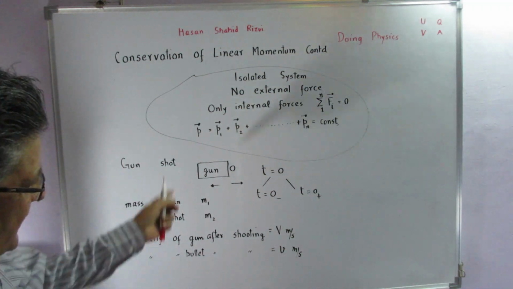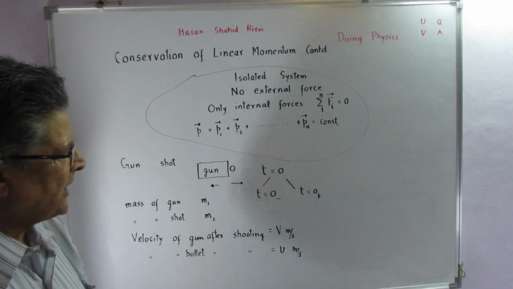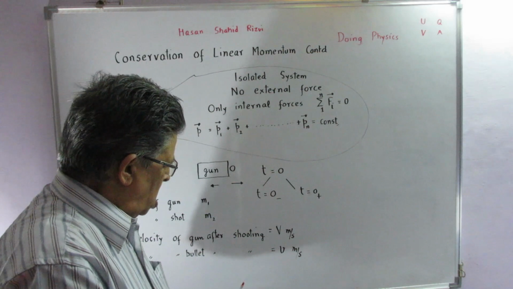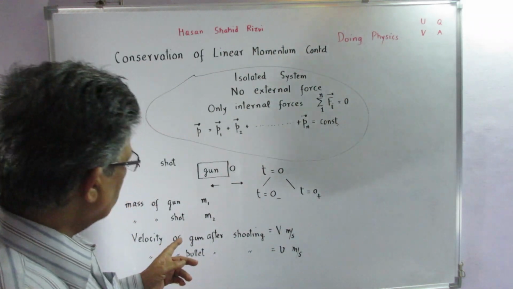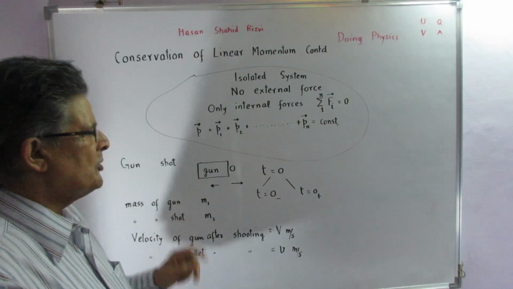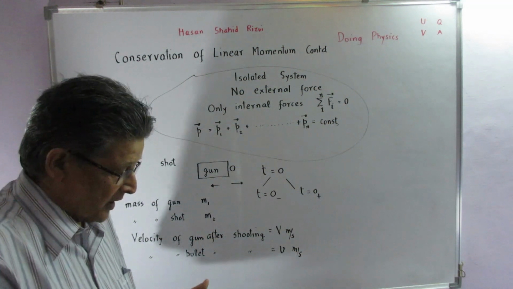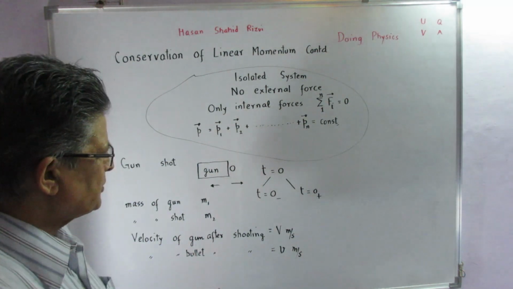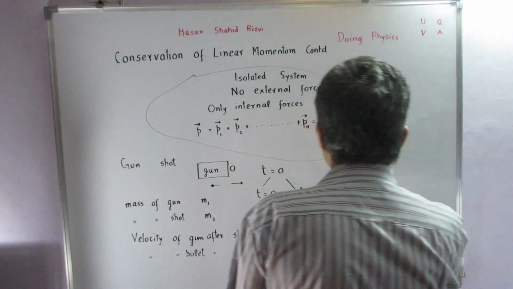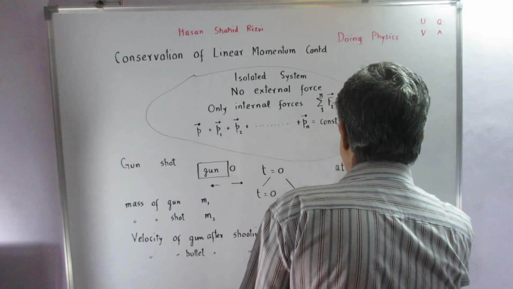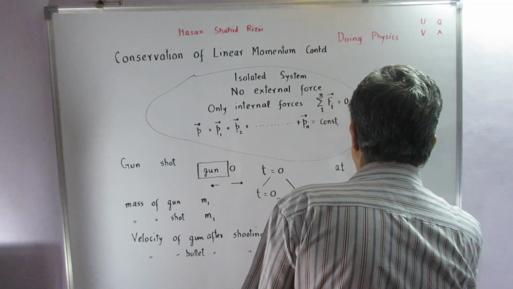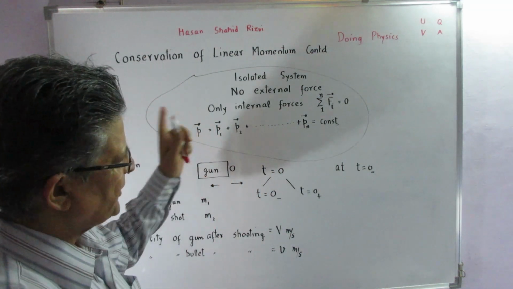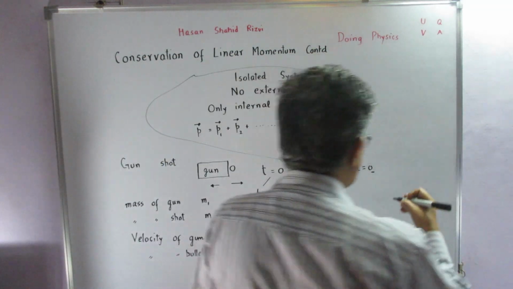So let us analyze this. At t equal to 0 minus, the total momentum of the system, because the gun is at rest and the bullet is at rest.